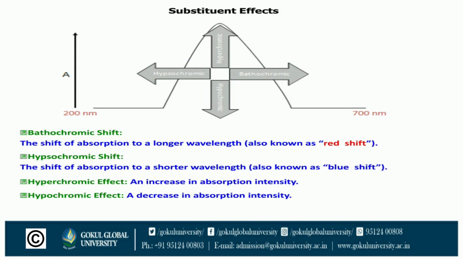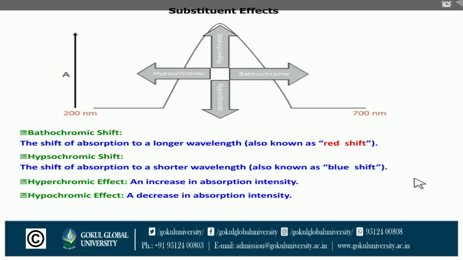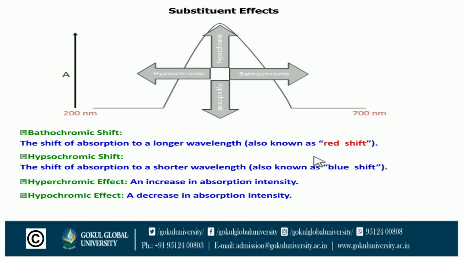In this shift, absorption shifts to a longer wavelength, also known as a red shift. The second is the hypsochromic shift, a shift of absorption to a shorter wavelength, also known as a blue shift. This is a hypsochromic shift. This is a bathochromic shift.